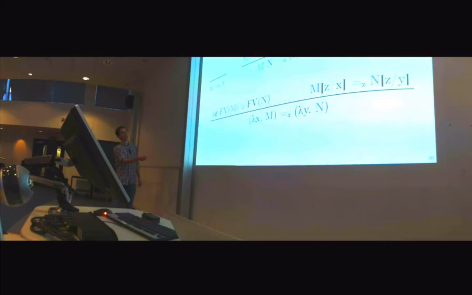Having done that, we replace all of the free occurrences of x inside m with z, and we replace all of the free occurrences of y in n with z. It's easy to get those the wrong way around. And if the result of doing that gives you terms that are eventually alpha equivalent, then you're good.